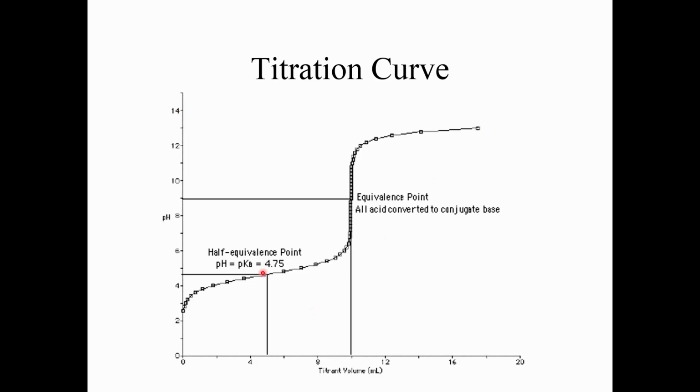What the heck is going on is the molecule in question is acetate and acetic acid. So we start out with lots and lots of acetic acid, very little acetate.